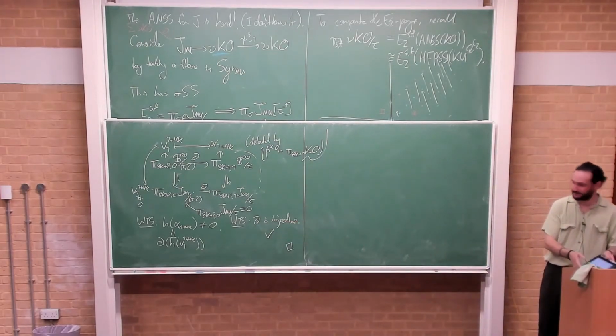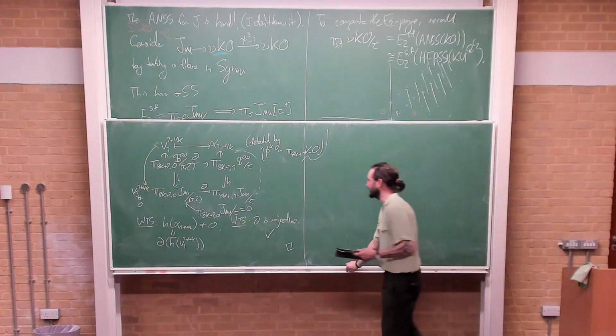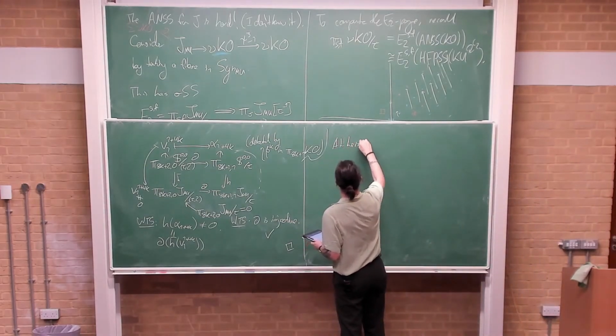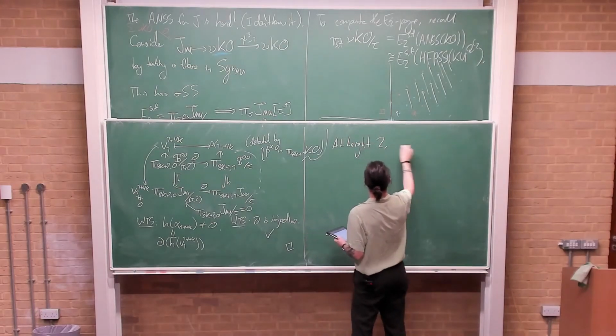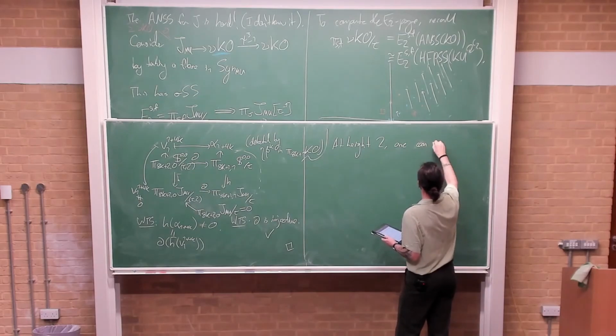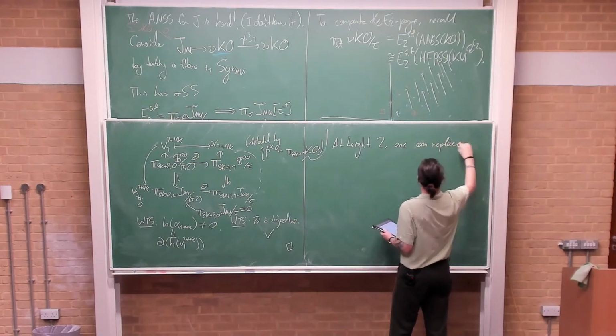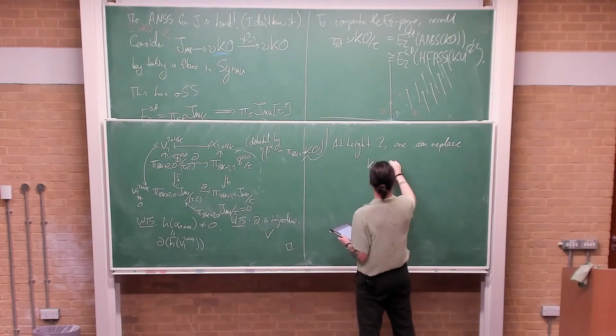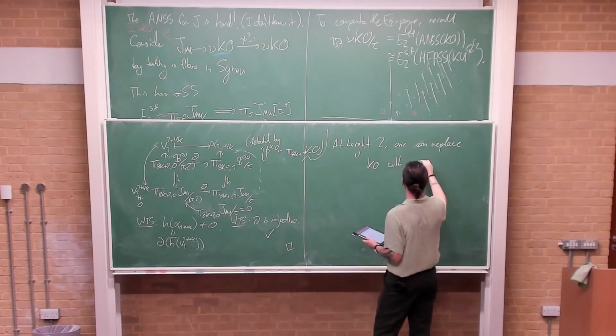So just to wrap things up, I just want to mention some results at height 2. So at height 2, one can replace KO with TMF, obviously.